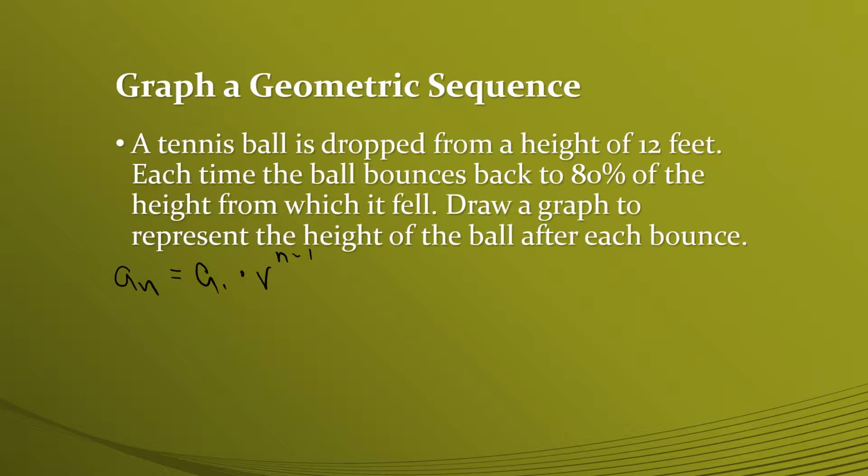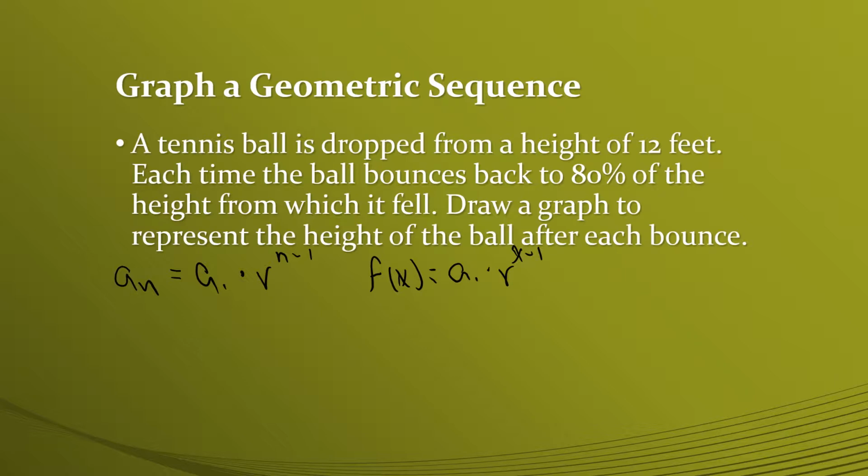And if I were to write that as a function, I would write this as f of x equals a_1, once I determine a_1, times the common ratio raised to the power of x minus 1.